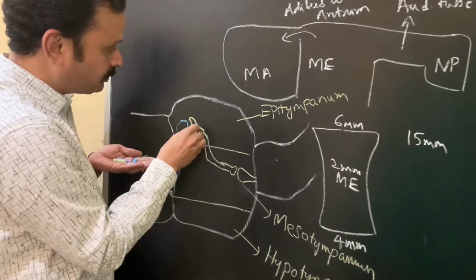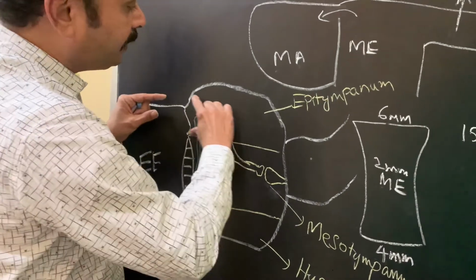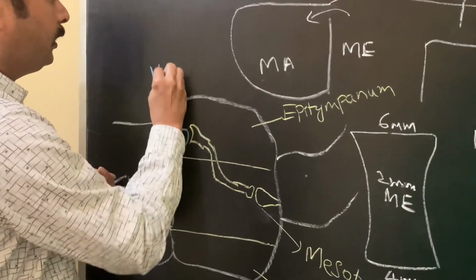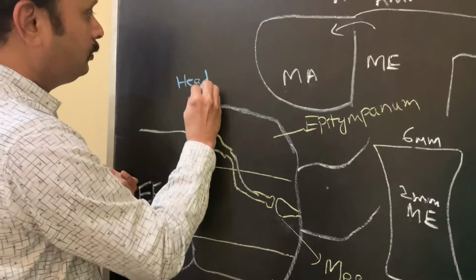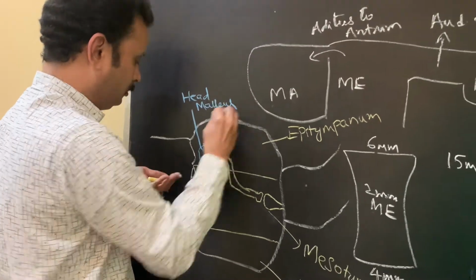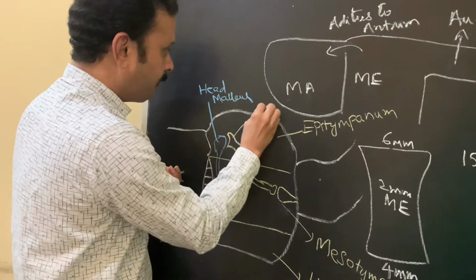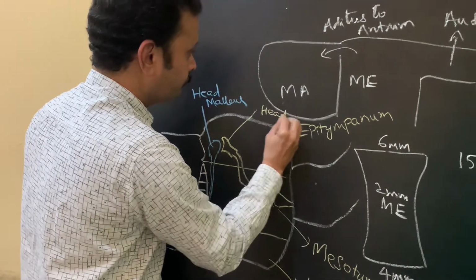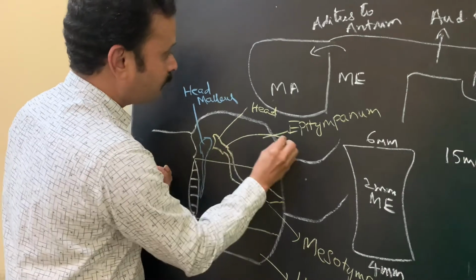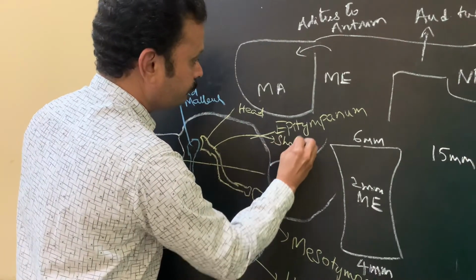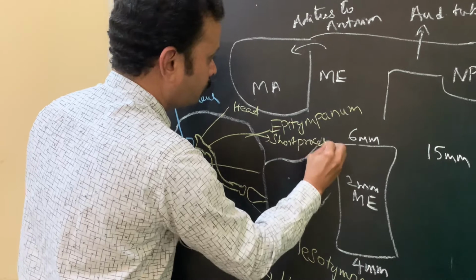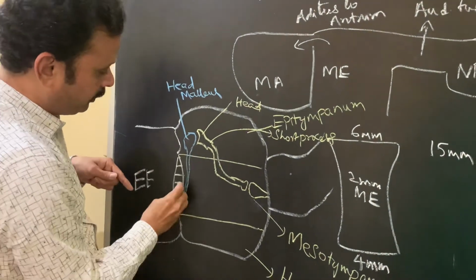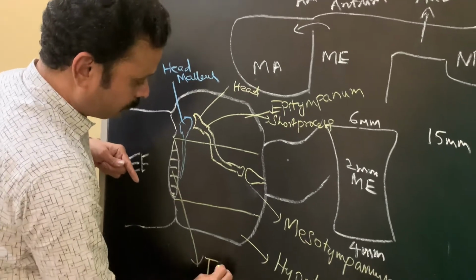Head and short process of incus are the contents of epitympanum. Head of malleus, head of incus, as well as short process of incus are the contents of epitympanum, which lie above the tympanic membrane. This one is the tympanic membrane.